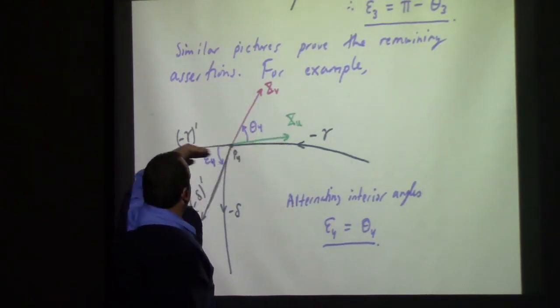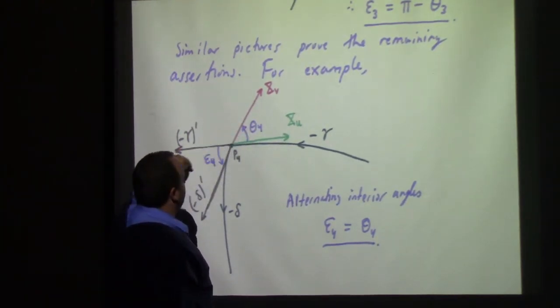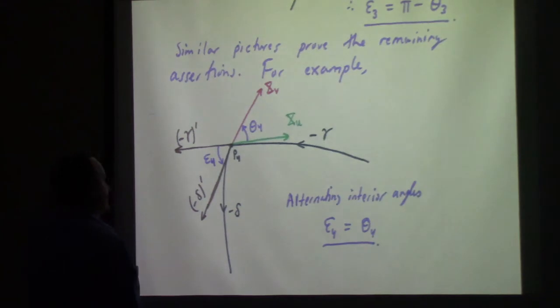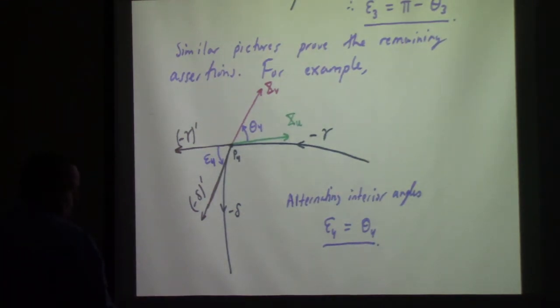Because these are alternate interior angles. I think that was my question. Sorry, go ahead. Look, because you're saying theta 4 is in relation to XU, right? That's XU, what I'm talking about. XU is not there.